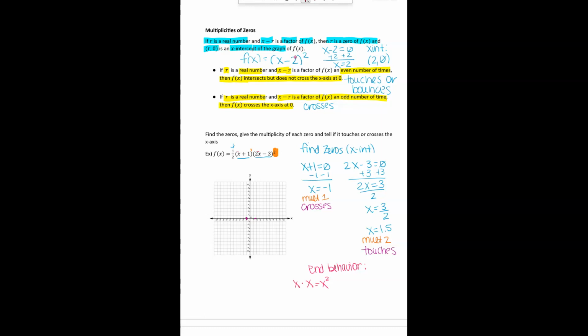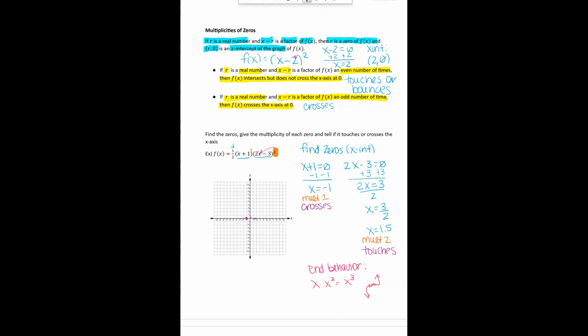So it's positive and it's even, so we know it's going to look like a happy face. No, that's not right. Ooh, erase. My bad. This is squared. So we have x times x squared, x cubed. Ooh, epic teacher fail. So that's going to be x cubed. So we know this side's down and this side's up. Man, I'm glad I caught that.